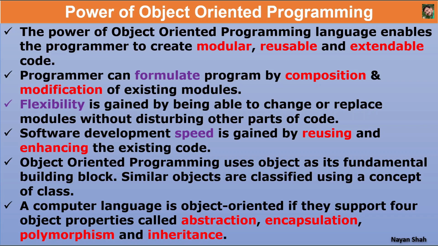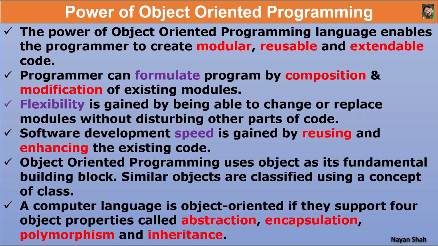And extendable code means if you have written one code, code A, and the second code, code B, which you want to write contains everything which you have written in code A, then you can extend that code A into code B and then add new things in that. So that is extendability. So object-oriented programming language enables its programmer to create modular, reusable and extendable code.